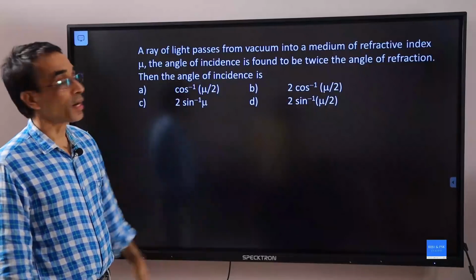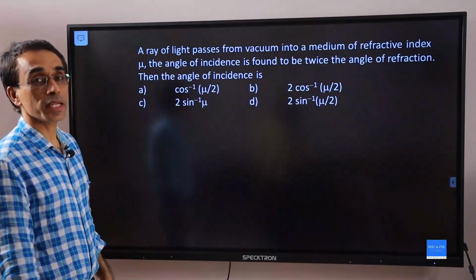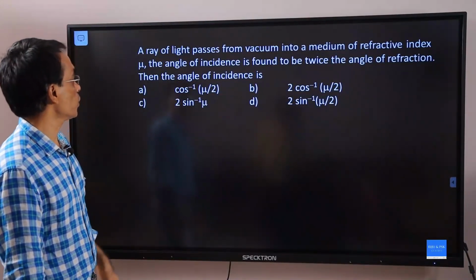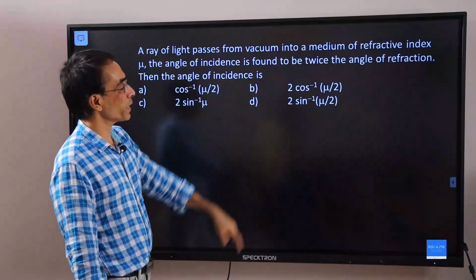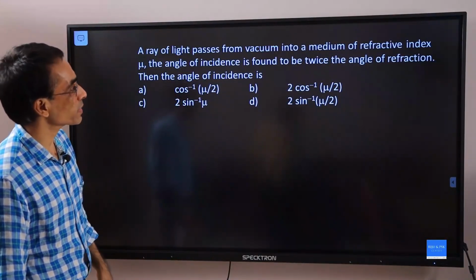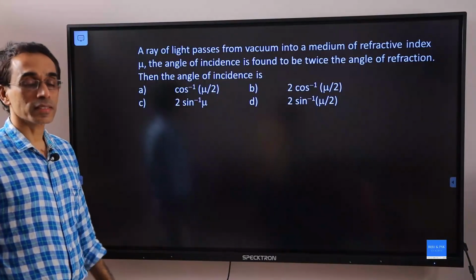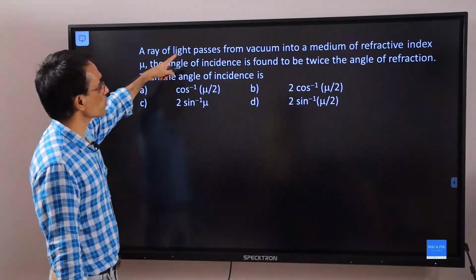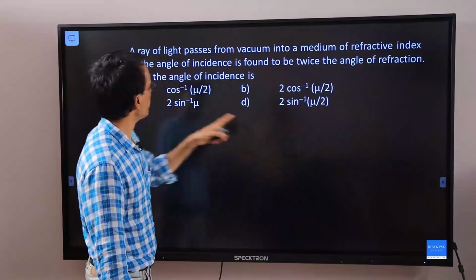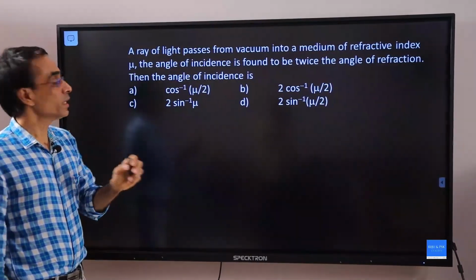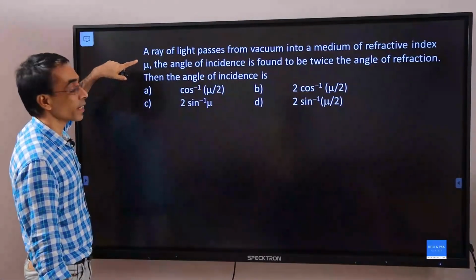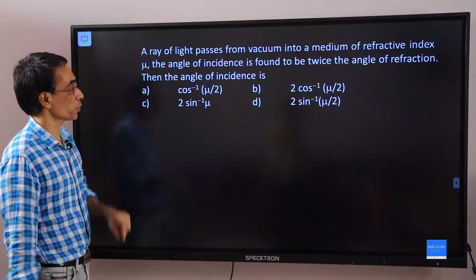A ray of light passes from vacuum into a medium of refractive index mu. The angle of incidence is found to be twice the angle of refraction, then the angle of incidence is. See, here light is going from vacuum to another medium and the refractive index is given as mu. Refractive index sometimes will be taken as n, sometimes it is taken as mu.